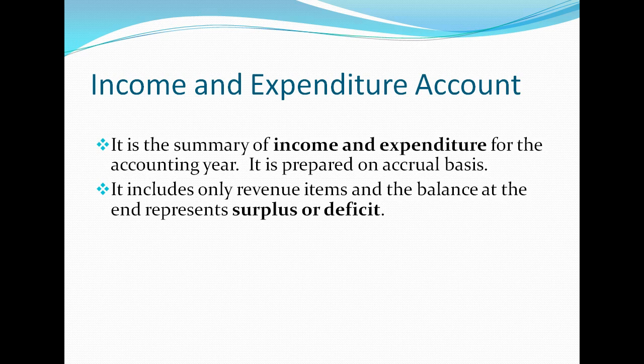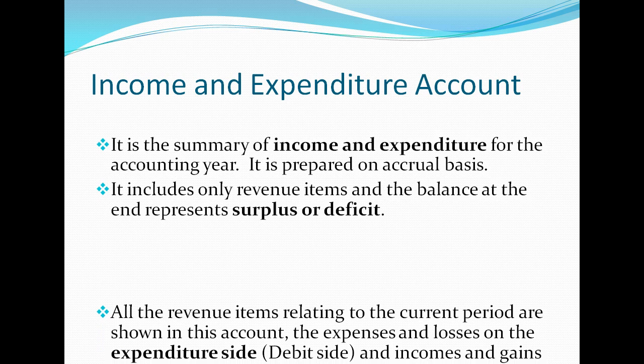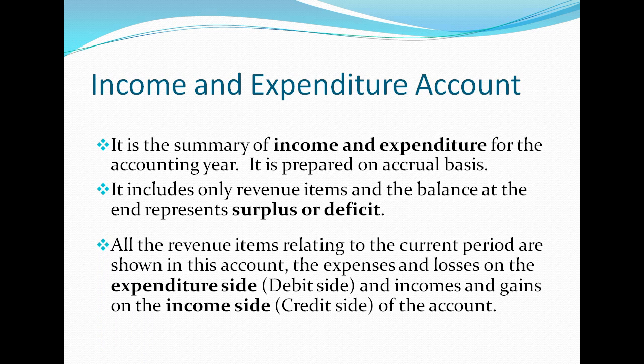Surplus means excess of income over expenditure, whereas deficit means excess of expenditure over income. If income exceeds expenses, it is a surplus. If expenditure exceeds income, it is a deficit.